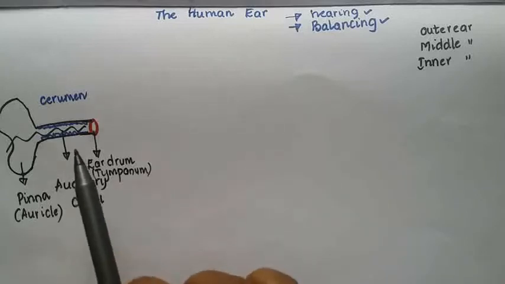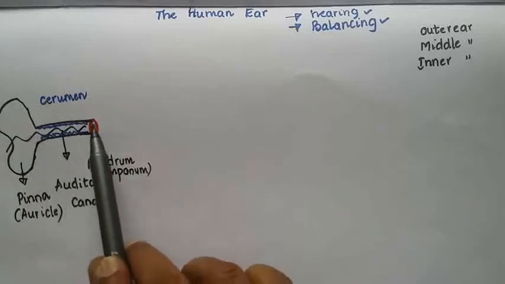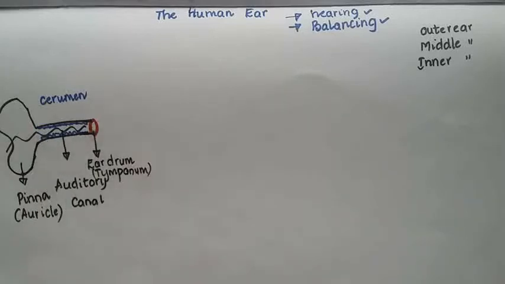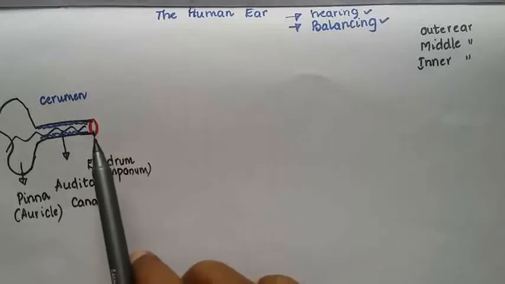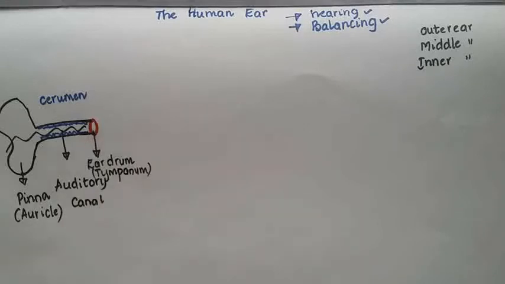So we find the eardrum at the end of the auditory canal. So thus you can say that the outer ear comprises three parts, such as pinna, auditory canal followed by tympanum.